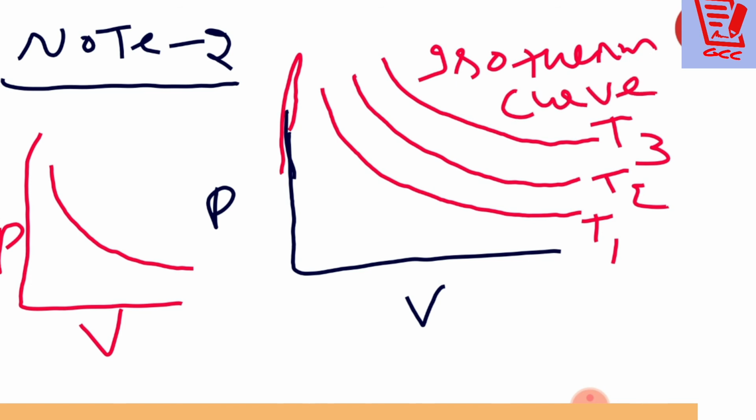Okay students, so this is the Boyle's law that I have explained to you. Clear? Now in note number 3, you please see what I am going to tell you, that in numericals or mathematically how we use this Boyle's law.